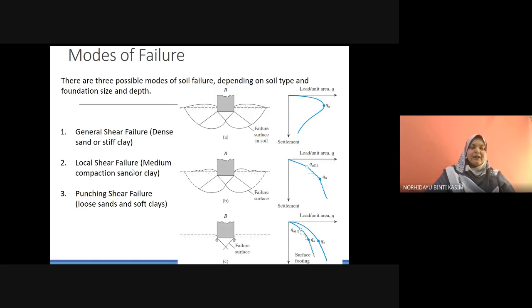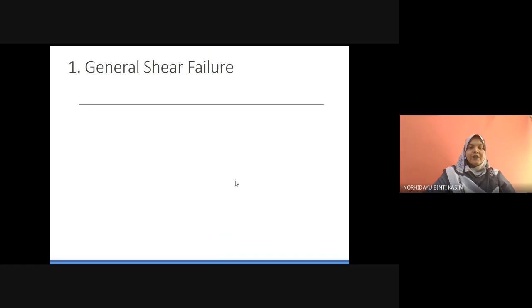Second is the local shear failure, which usually occurs in medium compaction sand or clay. Third, we have punching shear failure, which usually occurs in loose sand or soft clay.